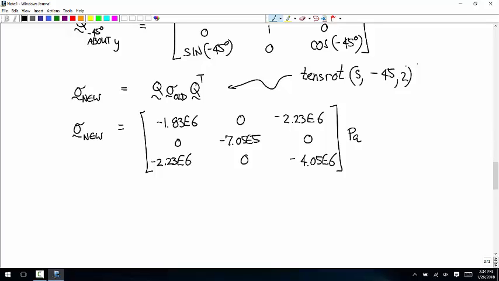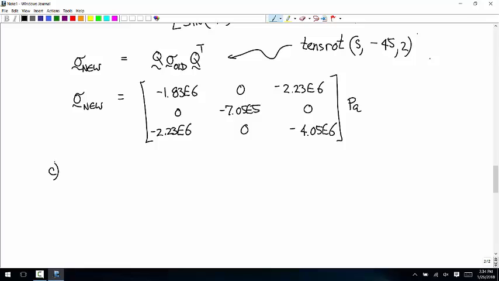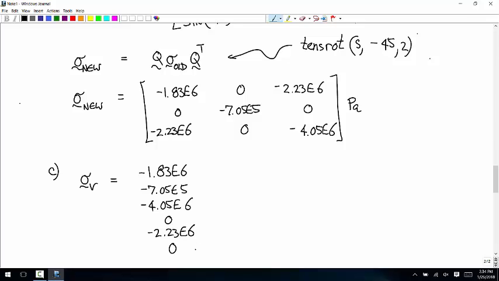And then what's the Voigt strain in this coordinate system? Well, the Voigt stress in this coordinate system is -1.83 times 10 to the 6, -7.05 times 10 to the 5, -4.05 times 10 to the 6, and then YZ, XZ, XY.